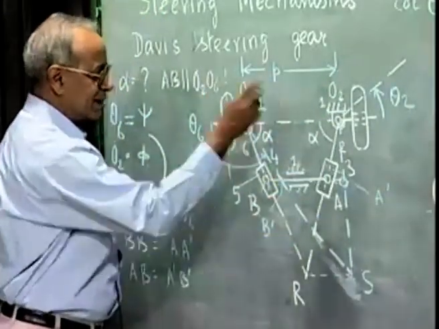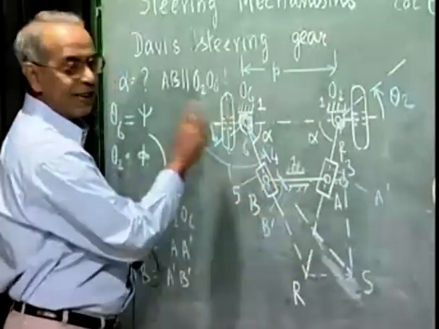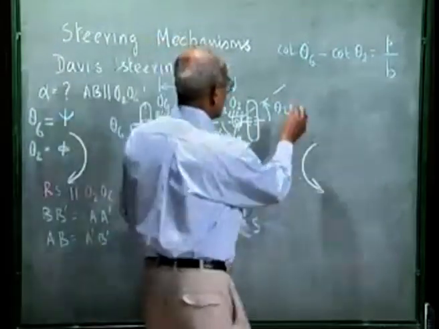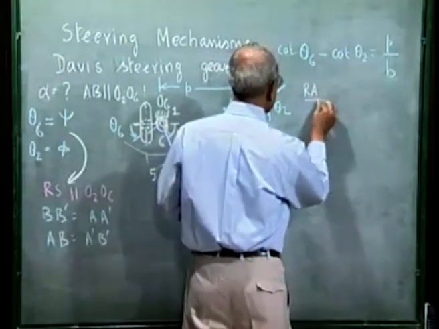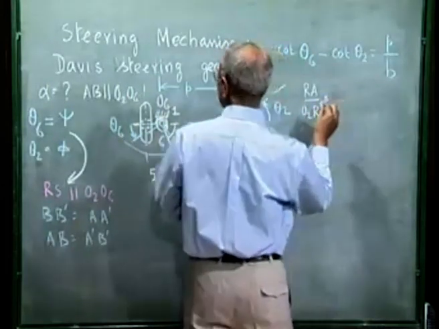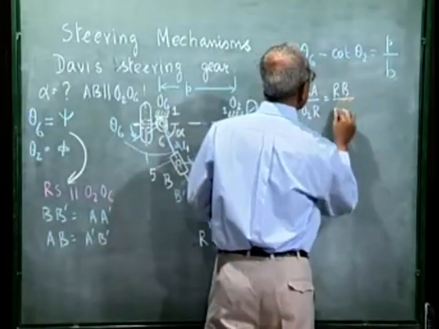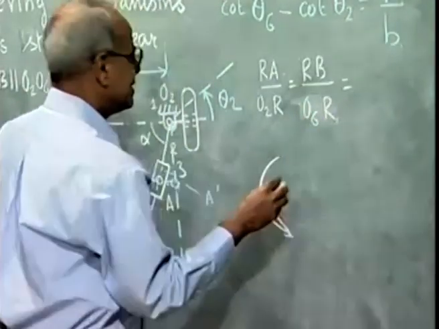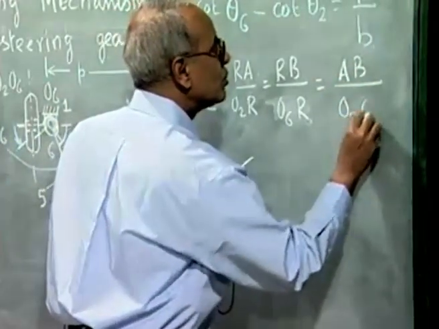So these two triangles, RAB and RO2O6, are similar triangles, because AB is parallel to O2O6.